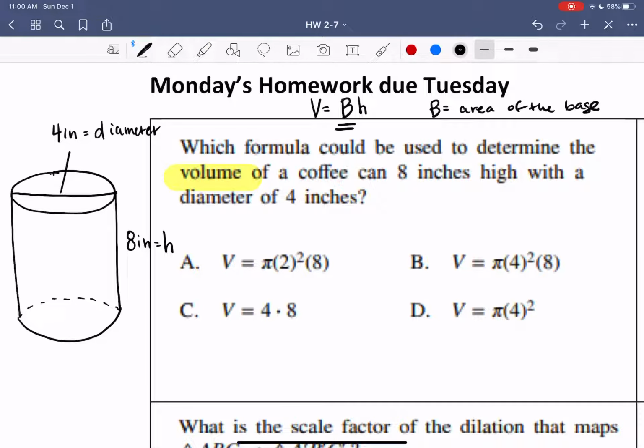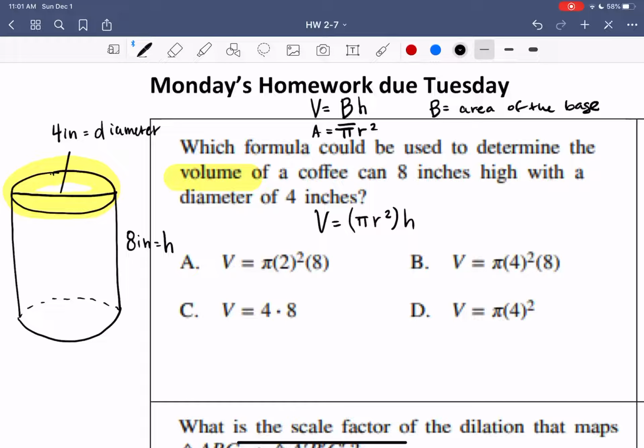And since our base right here is a circle, we know that the area of a circle is pi r squared. So when we substitute this formula right here into our formula right here, we have volume equals pi r squared times our height.